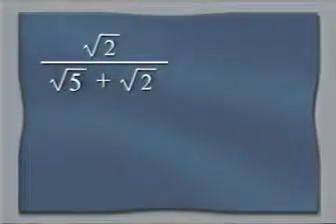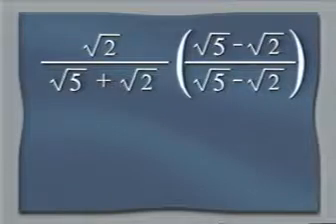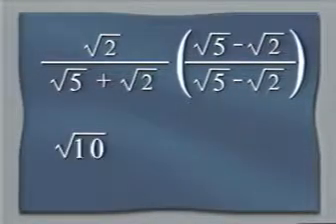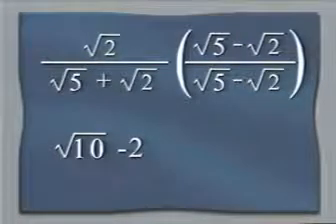So we multiply the top and bottom of the fraction by the conjugate of the denominator. We multiply by the square root of 5 minus the square root of 2, top and bottom. The square root of 2 times the square root of 5 gives us the square root of 10. The square root of 2 times negative the square root of 2 gives us minus 2. So the numerator of our answer fraction is the square root of 10 minus 2. We cannot simplify that.